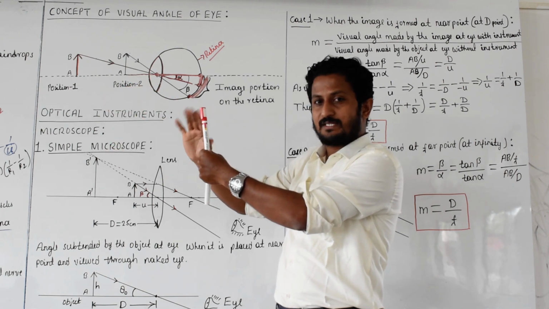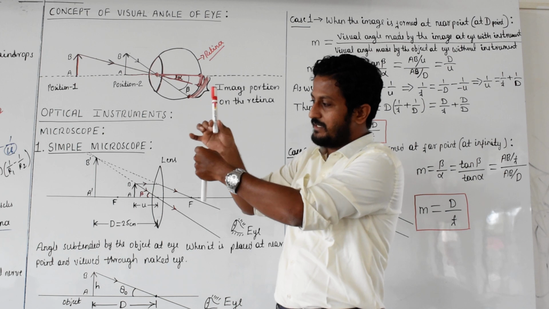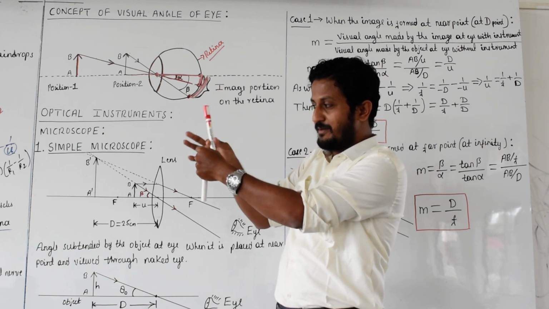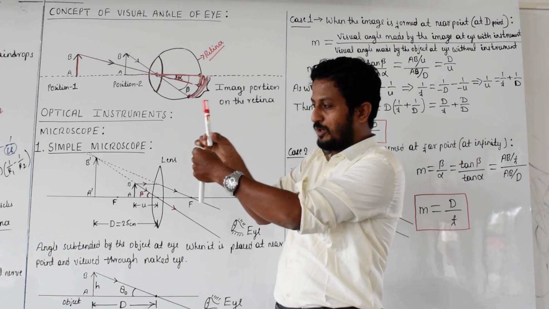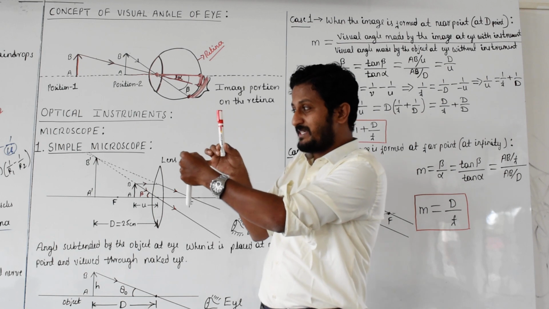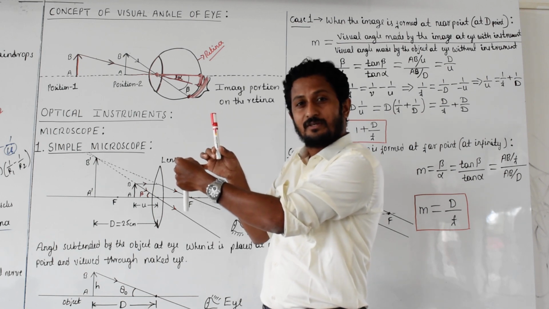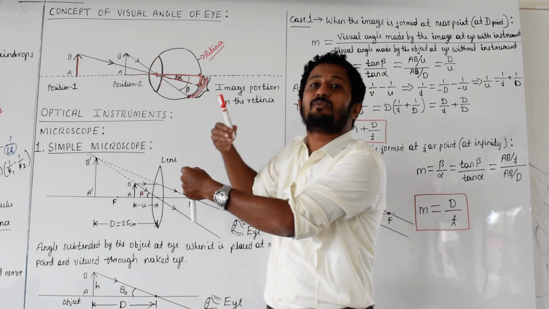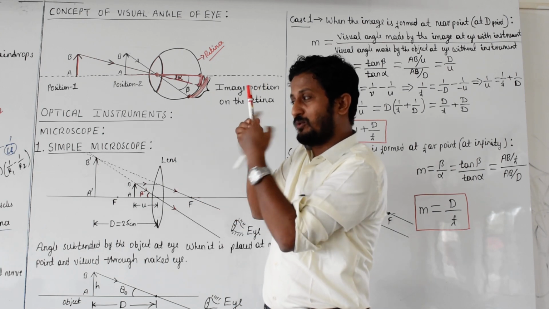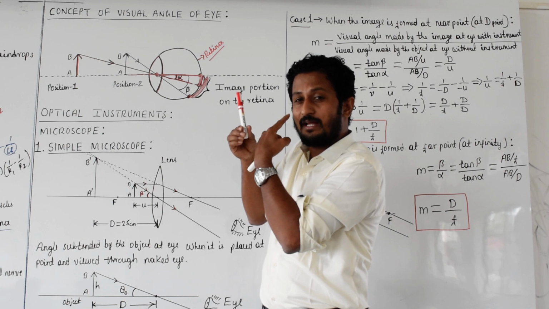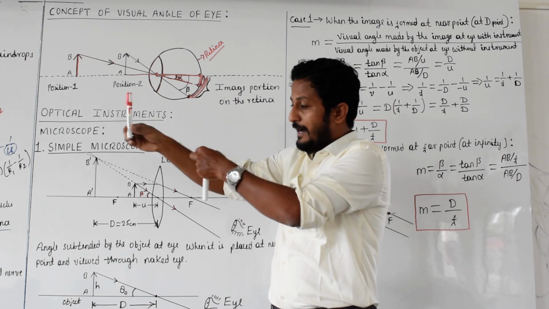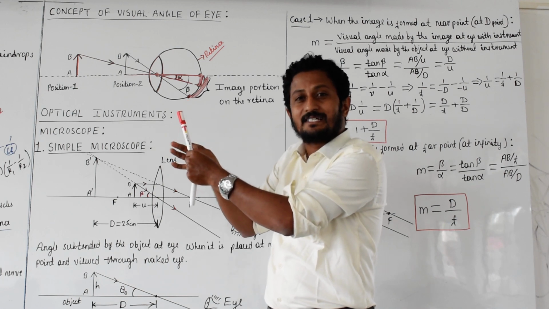Now you can see, once that object comes between the optic center and the D point, once it crosses that D point, the minimum limiting point, then you will see a blurred image. As the object comes close to the eye, the visual angle keeps increasing, but up to the D point you can see it clearly.